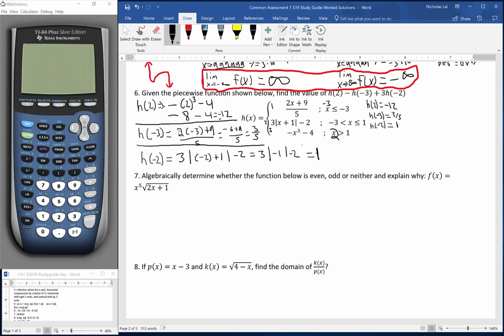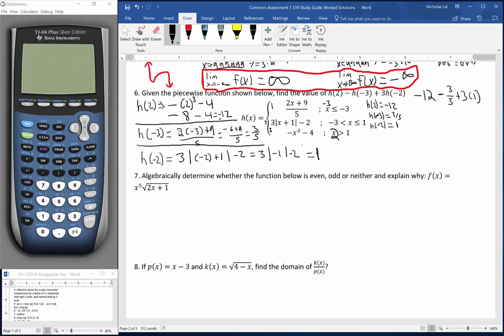So h of 2 is negative 12 minus h of negative 3. That's equal to 3/5. So that's negative 12 minus 3/5 plus 3 times h of 2, which is 1. So that's 3 times 1, so that's just 3.